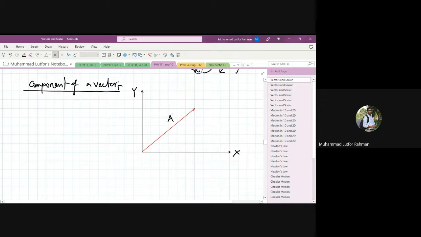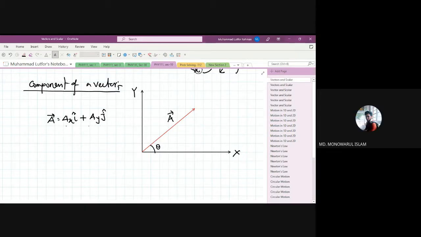I just know the vector A. And this vector creates some angle over here, say theta. Generally we express that vector as Ax i hat plus Ay j hat, right? You're familiar with that for the two-dimensional case, where Ax and Ay are basically the components of that vector along the x direction and along the y direction.